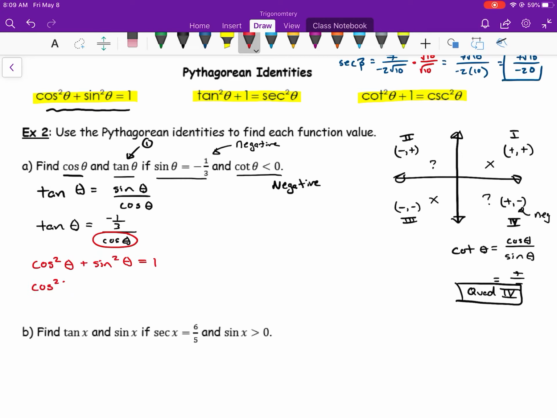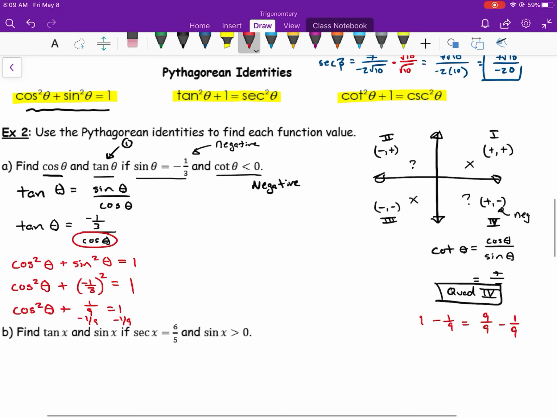I plug in what I know: sine is negative 1/3, so it's negative 1/3 squared, which gives me 1/9. Subtract 1/9 from both sides. Scratch work: 1 minus 1/9. We need common denominators, which makes it 9 over 9 minus 1/9 equals 8/9.